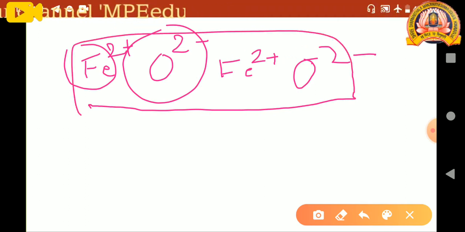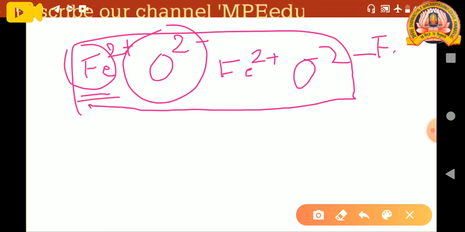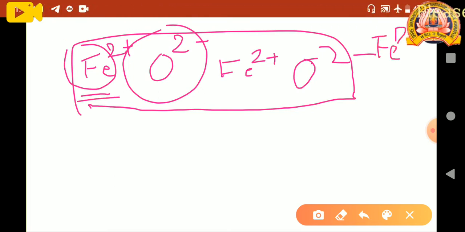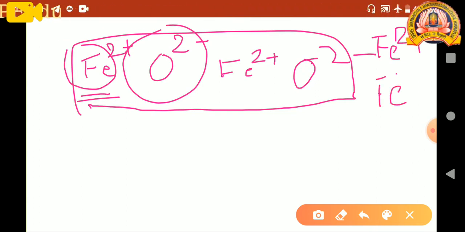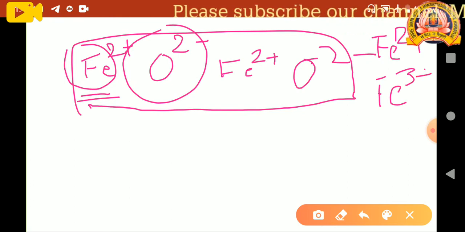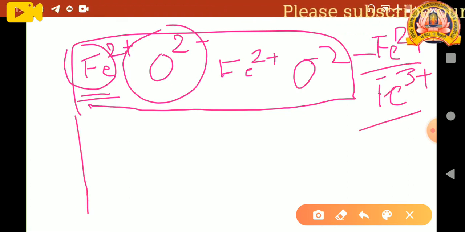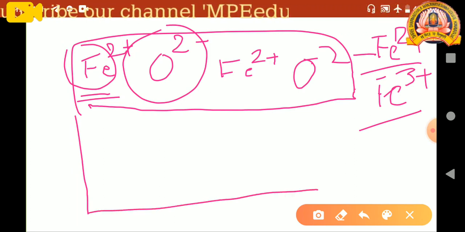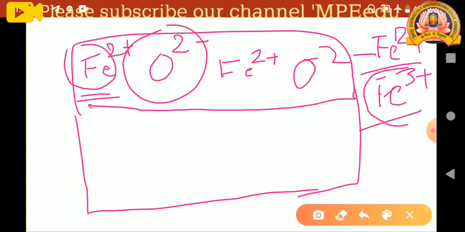In this crystal, all the metallic ions are arranged in this manner. But what happens in the defect, and how is the defect caused? The defect is caused in such a way that iron shows two oxidation states. What are the two oxidation states of iron?